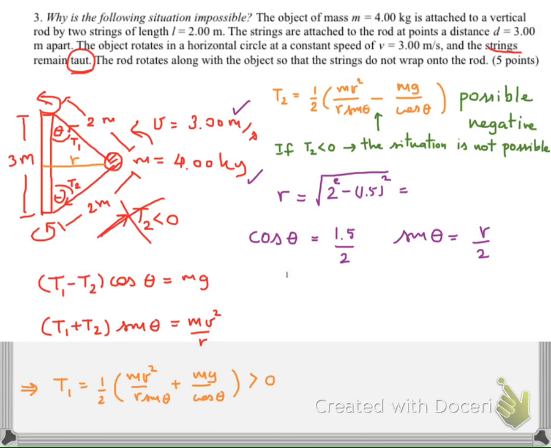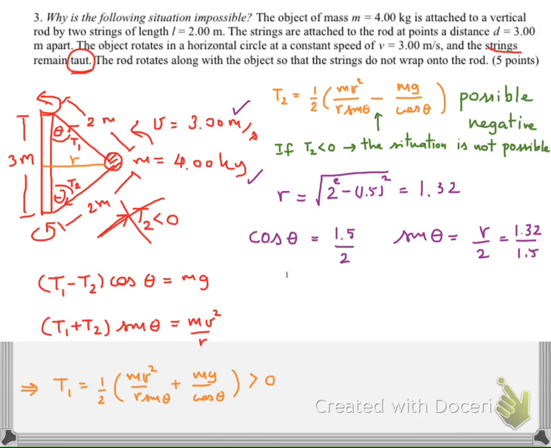What is the value of r? r is about 1.32. So this is about 1.32 over 2. So we have all we need.